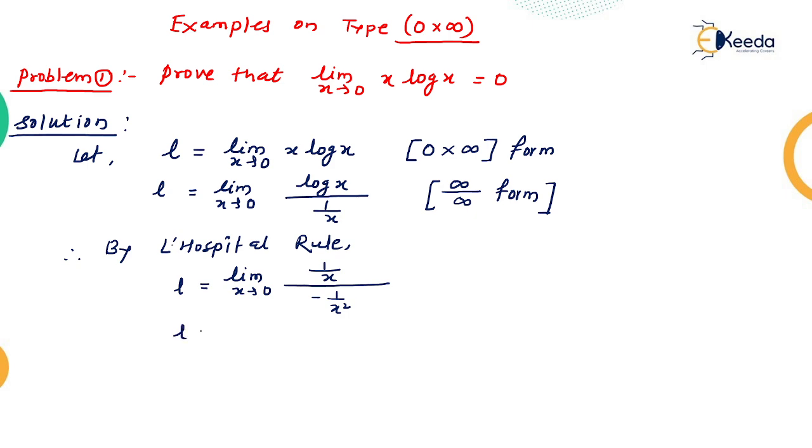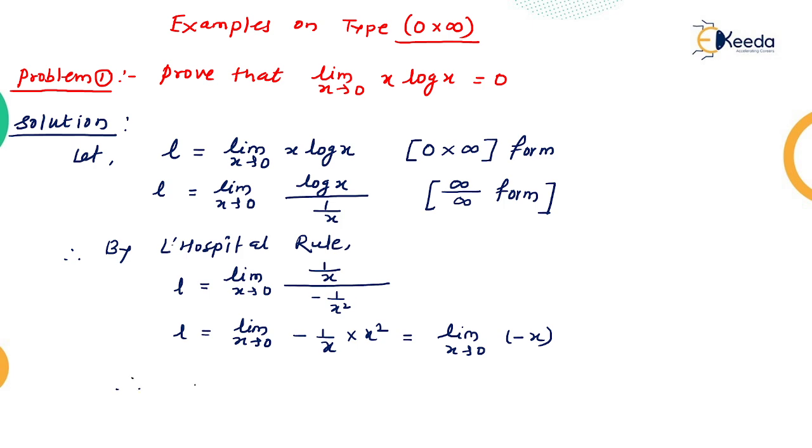So limit as x tends to 0, this can be written as minus of 1 divided by x into x square. What remains is limit as x tends to 0 of only minus x.